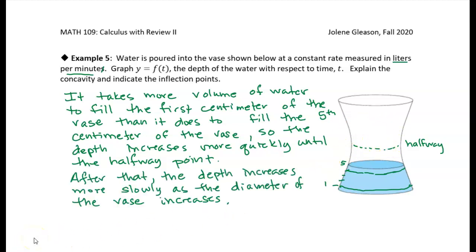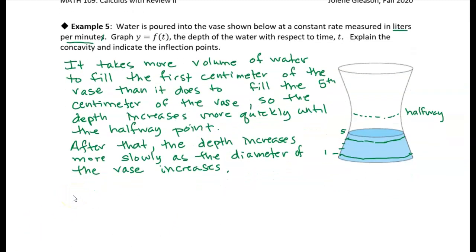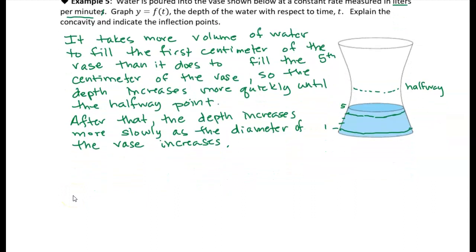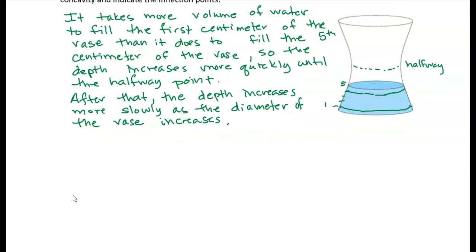So let's think about what that means for the graph, because we're asked to graph this function f of t over time. I'm just going to draw some coordinate axes here. This axis will be time, and this will be the depth, f of t.